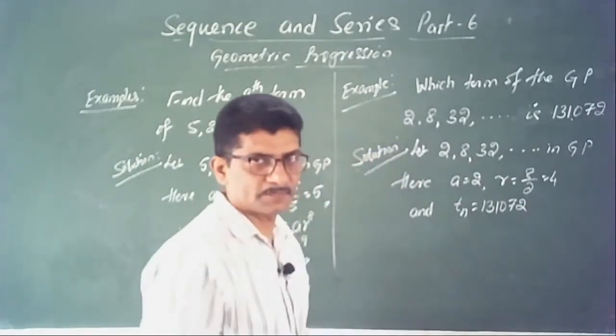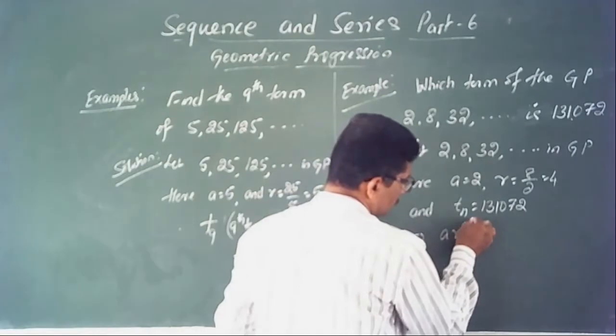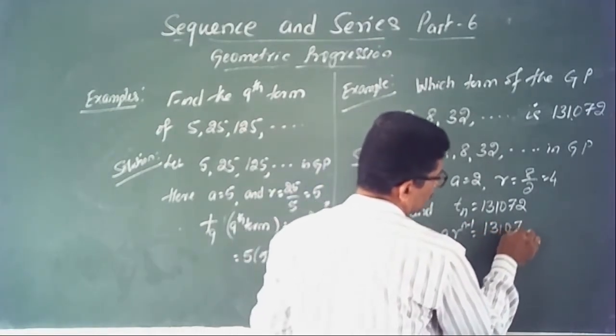The formula is a into r raised to n minus 1 equals 1,31,072.